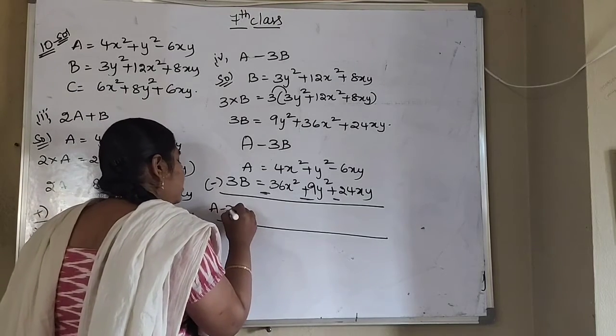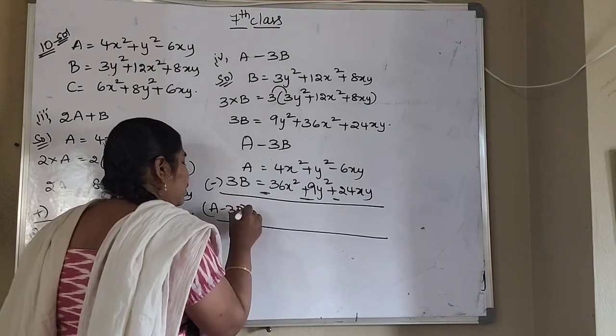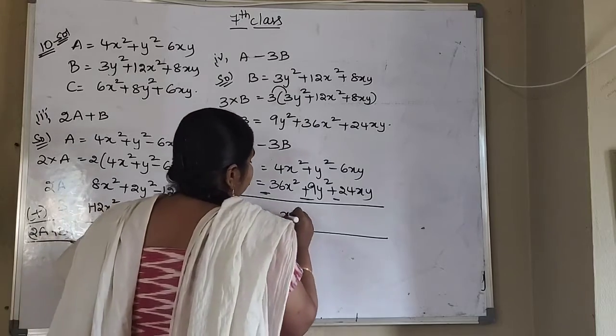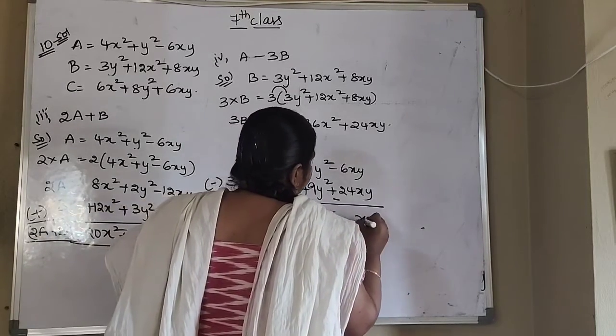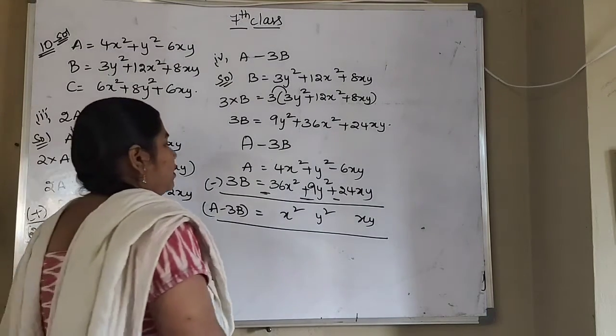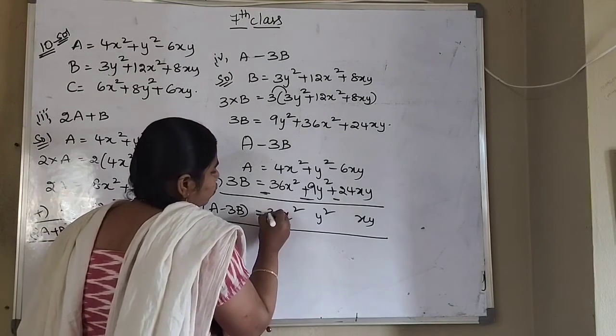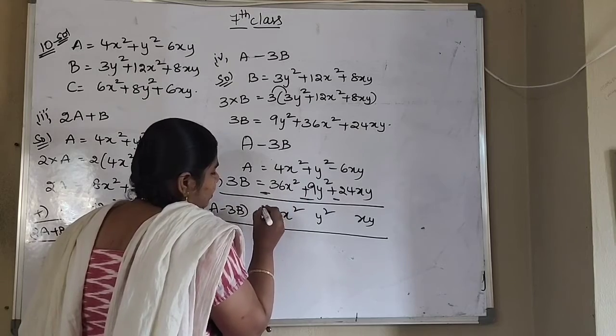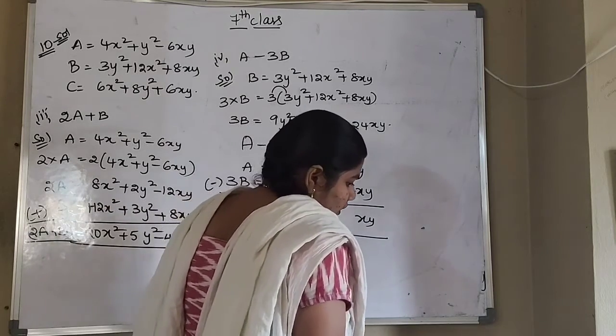So here A minus 3B will be equals to, first all the variables you write as it is. Now constant numbers. 36 minus 4 will be 32. Bigger number sign is minus, so minus 32x square.